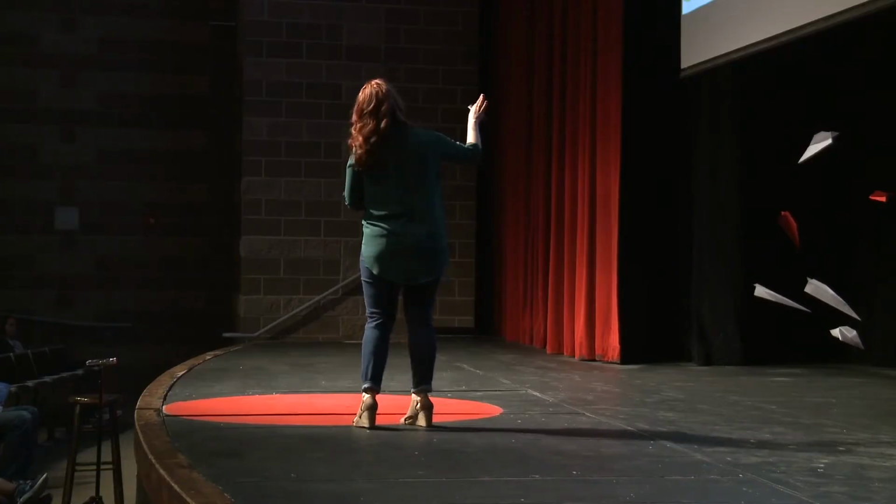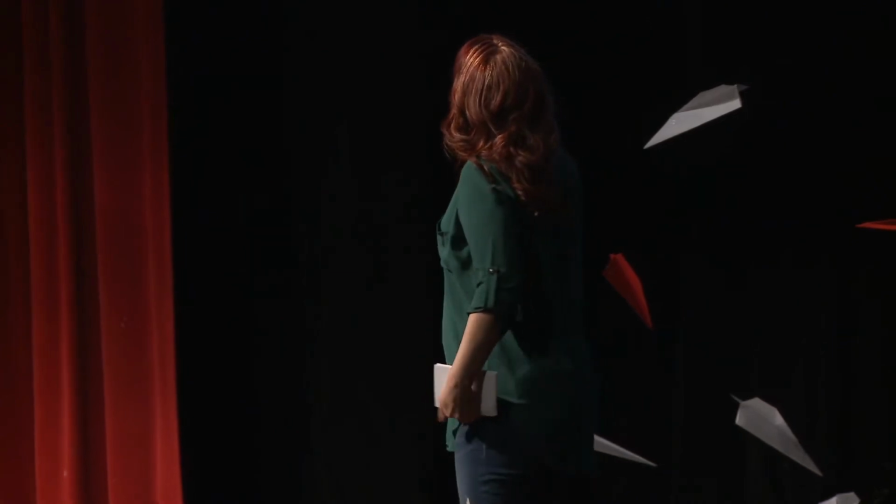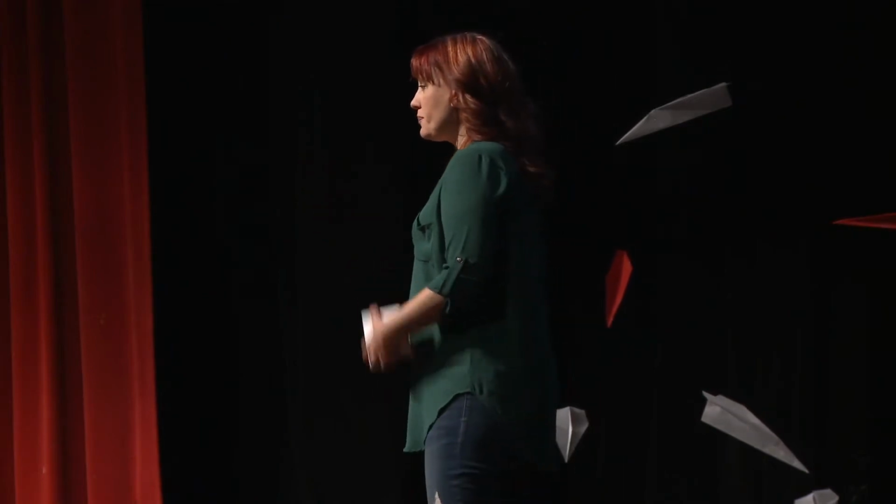"Call me Ishmael." Many of us are familiar with this quote, but it's only when you diagram it and see the "you," which is understood in an imperative verb, "you, call me Ishmael," that we begin to see that Melville uses this structure not only because Ishmael is the only survivor of this incredibly long journey, but because he's inviting us into this story as well.